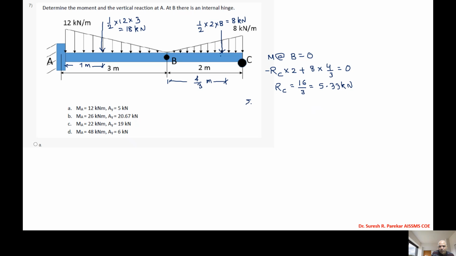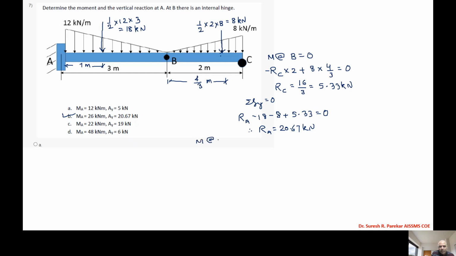Now if we apply Fy equal to 0, we get RA minus 18 minus 8 plus 5.33 equal to 0, and therefore RA is 20.67. In the exam you need not check it, you can directly go because 20.67 is here only, but you should have confidence about RA.